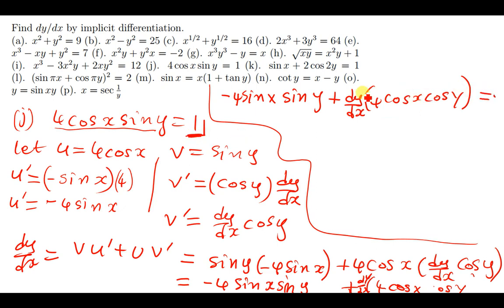So what we do here to make dy dx the subject, we take this part to the other side of the equal sign, so that on the left we just remain with dy dx times 4 cos x cos y, is equal to 4 sine x sine y.